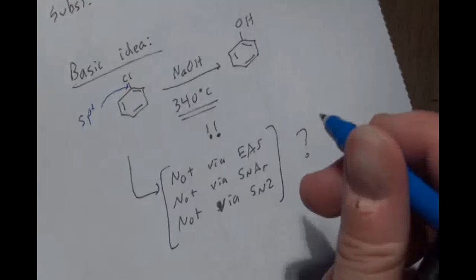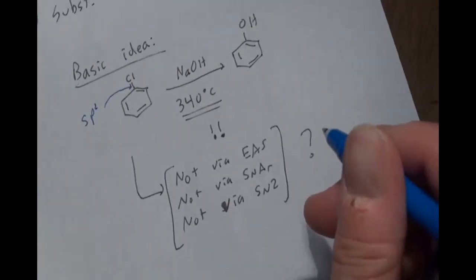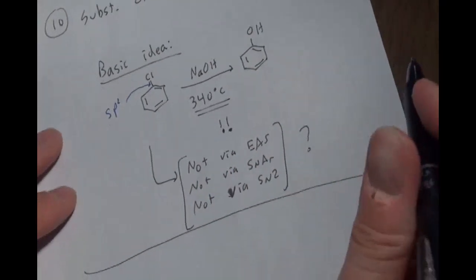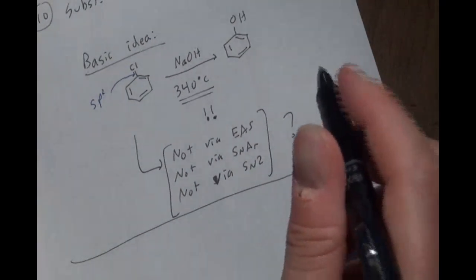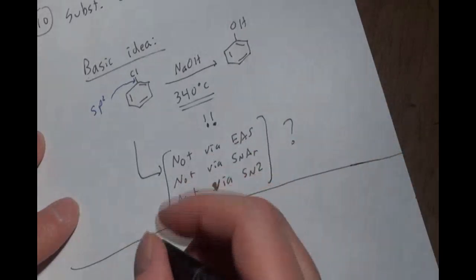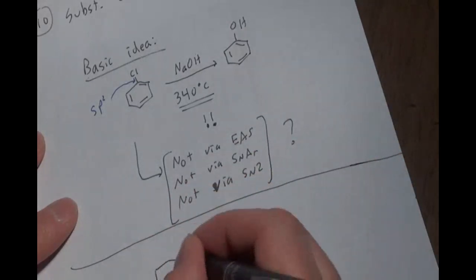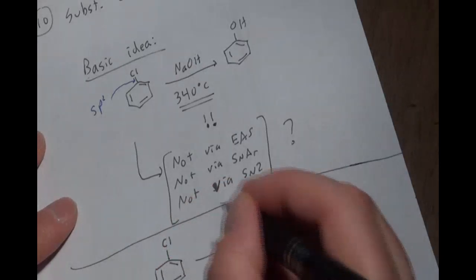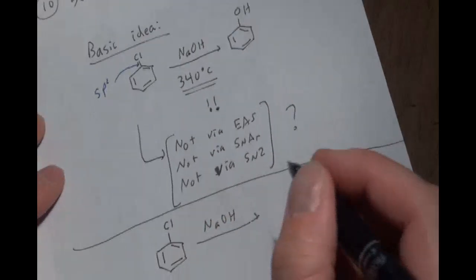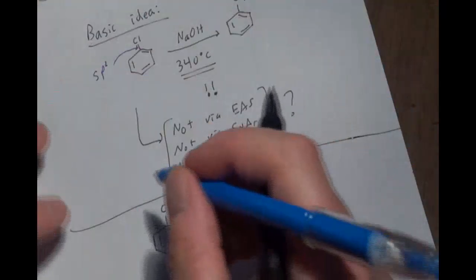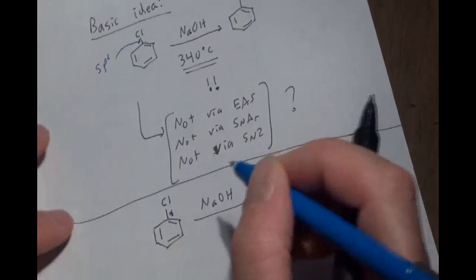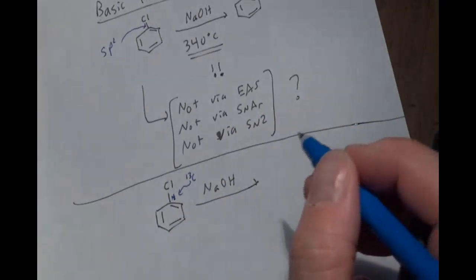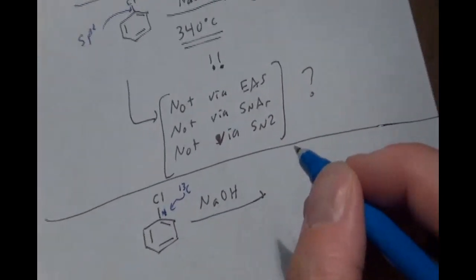I'm going to summarize a whole bunch of interesting experiments with one little figure, because there's a lot that's discussed in the book. I'll just mention that. If you do this reaction, NaOH, and we radiolabel this carbon as C13. So it's got an isotopic label on the carbon containing the chlorine.